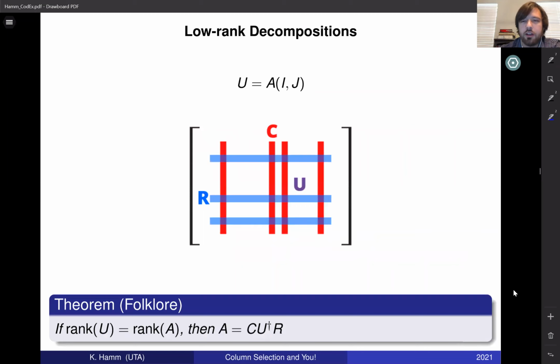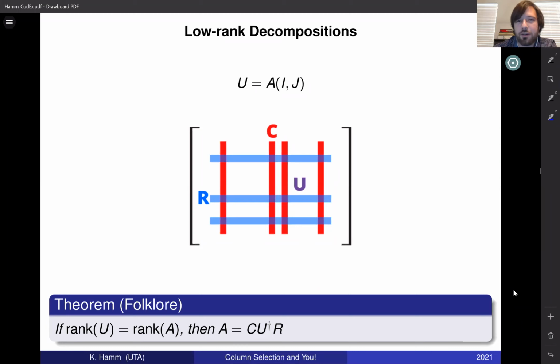So I'll take my columns C, that's the red columns here, and R are the blue rows here, and then U is this purple matrix that in this case is 3 by 4. And the theorem, which Longxiu and I trace back at least implicitly to Penrose's follow-up paper on the pseudo inverse that bears his name.